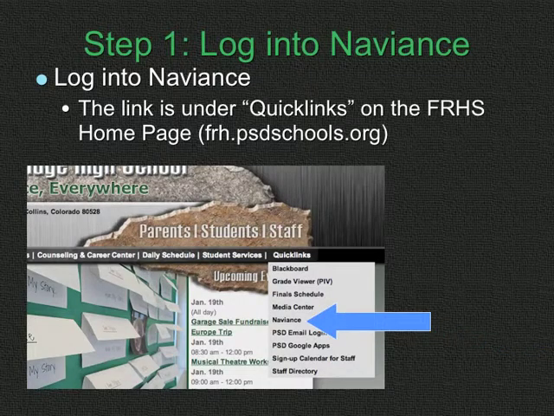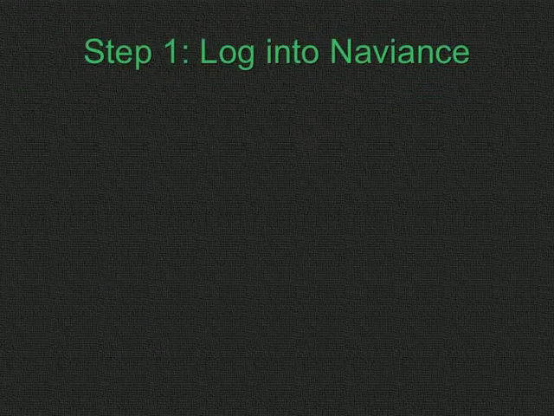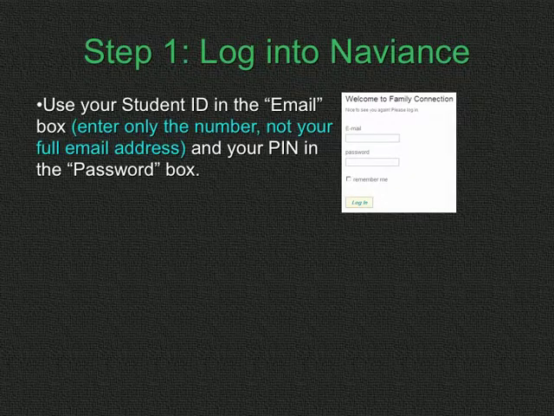Logging into Naviance. The link is under Quick Links on the Fossil Ridge homepage, frh.psdschools.org. You need to use your student ID in the email and not your complete email. Only put your student ID under the email category.